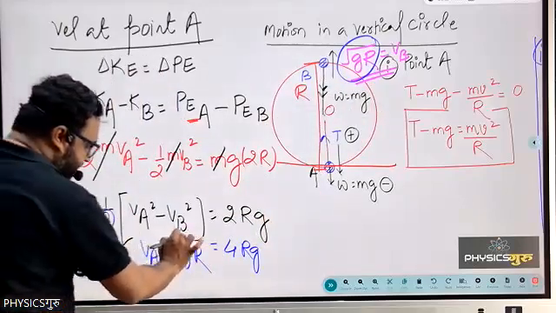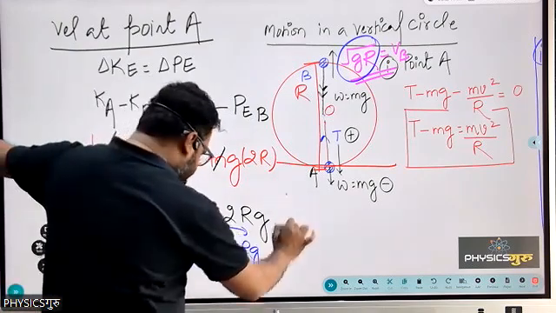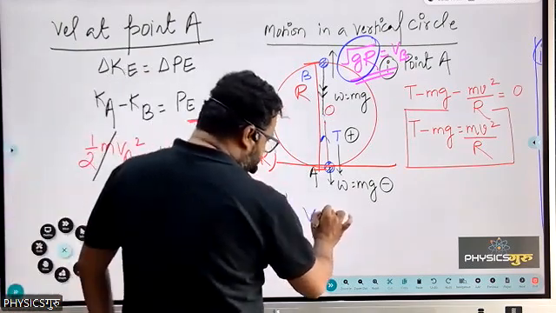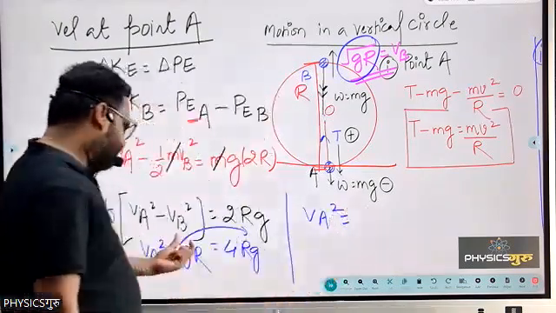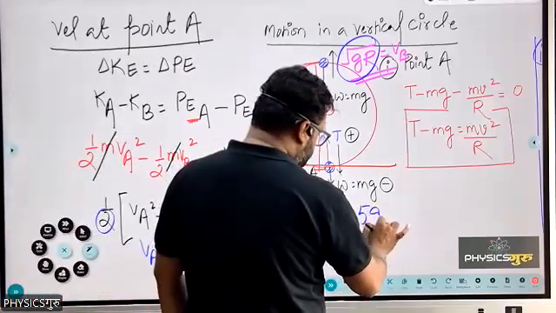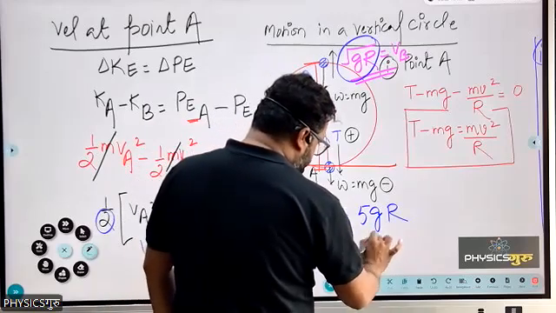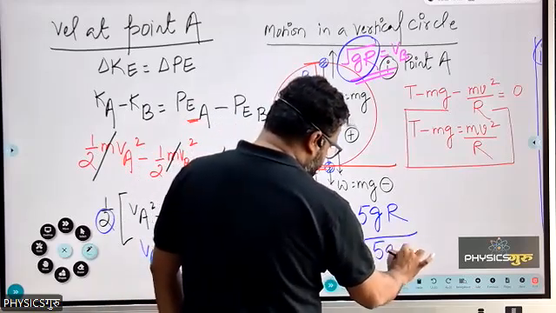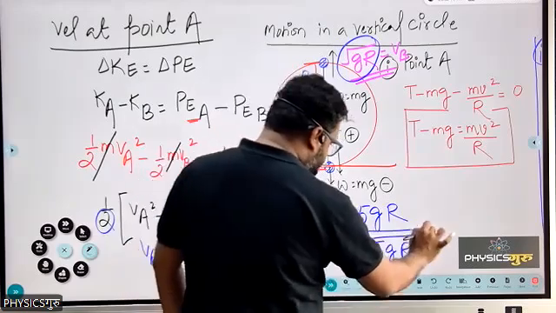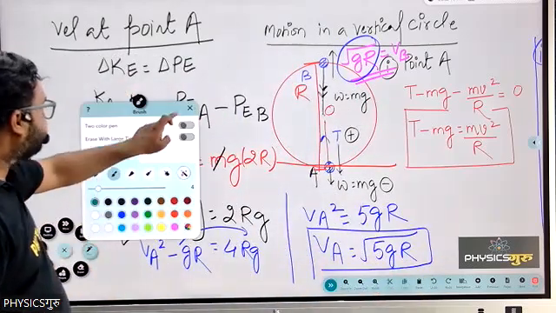If I bring this gr from left to right, it will change its sign. So vA square can be written as gr plus 4gr, which is nothing but 5 times gr. So vA is nothing but root of 5gr. This is the velocity at position A.